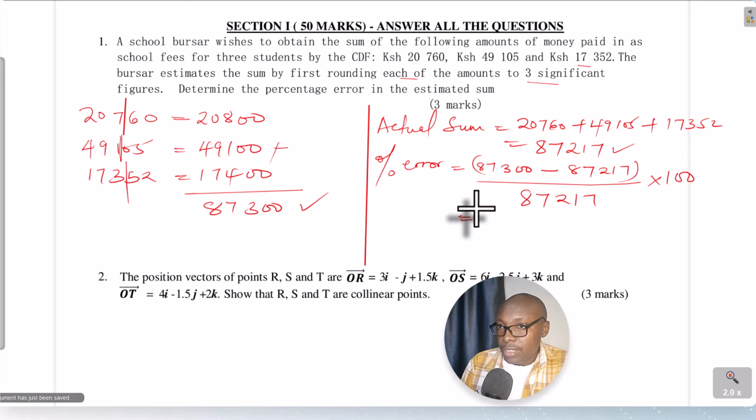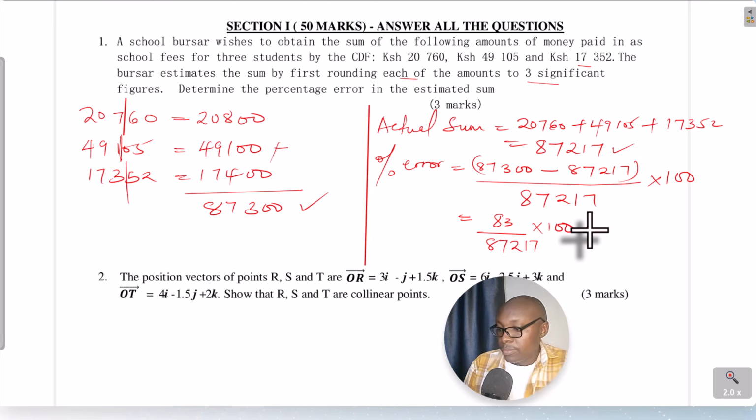So 87,300 subtract 87,217 gives an error of 83. So it is 83 divided by 87,217 times 100.